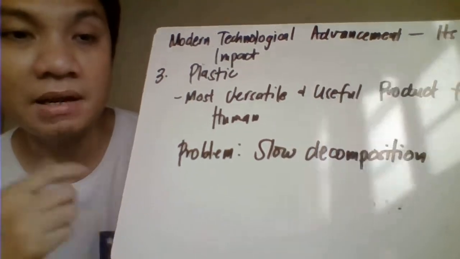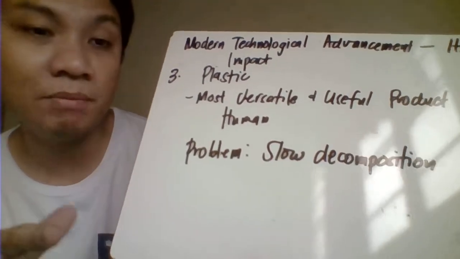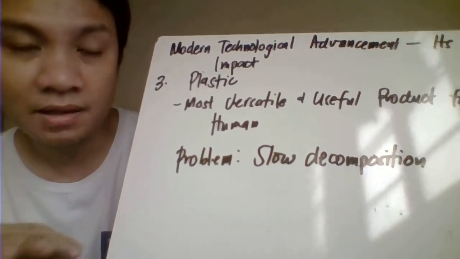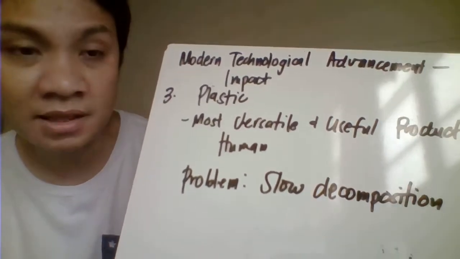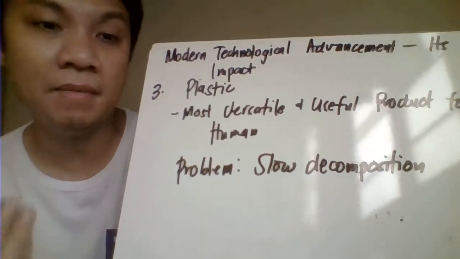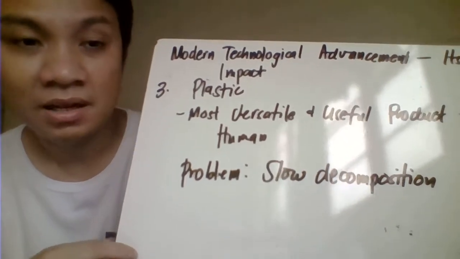What's going to happen if you have massive utilization of plastic across the population is that the plastic will pile up and go to the ocean, and the most likely affected by the plastic in the ocean will be the marine or aquatic animals.